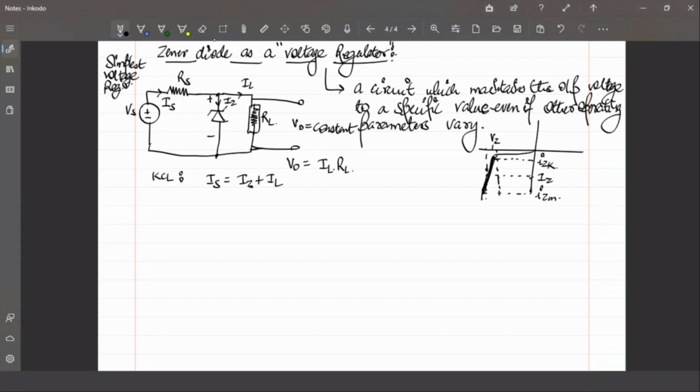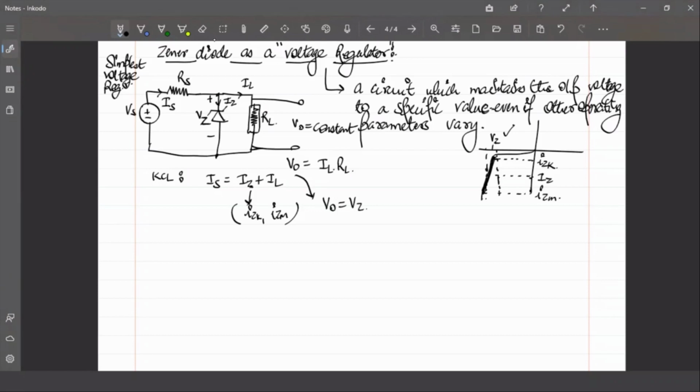The voltage across this device will be equal to your Zener diode voltage, Vz. That means the current flowing through the device we need to maintain between these two points, Izk and Iz max. If that is the case, then the voltage across the device will be Vz, and in that case V0 is equal to Vz.